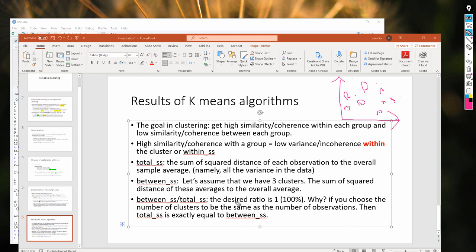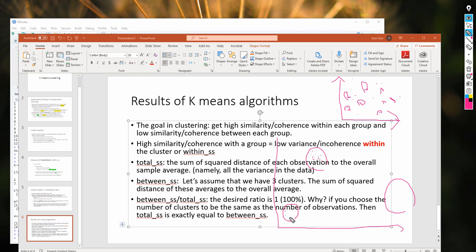Conceptually, since I used 3 clusters, let's say I have 3 very distinct clusters. I know that this is an ideal case.